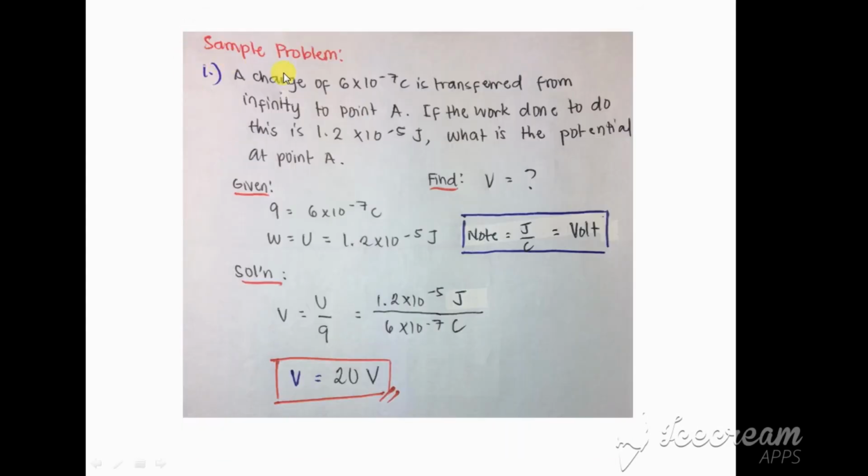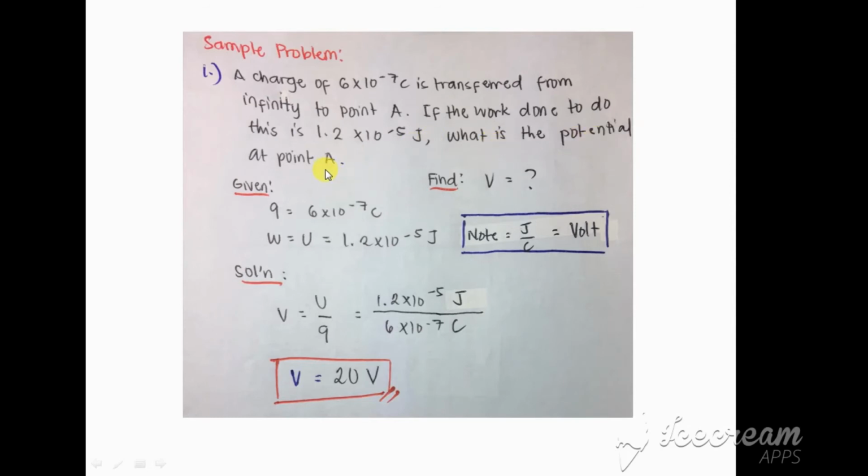Let's have a sample problem for electric potential. Number 1. A charge of 6 times 10 raised to negative 7 coulomb is transferred from infinity to point A. If the work done to do this is 1.2 times 10 raised to negative 5 joules, what is the potential at point A?